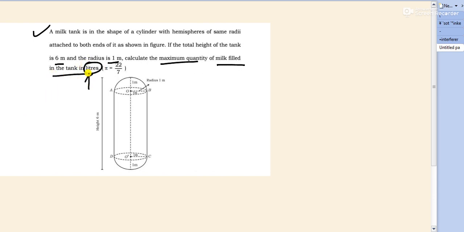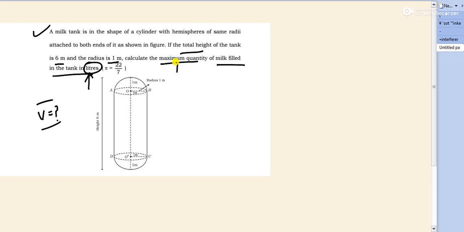So this is very important, liters they have given. And maximum quantity means you have to find the volume. We can fill milk only if there is a space in it, and if there is space, it means it is volume, correct?